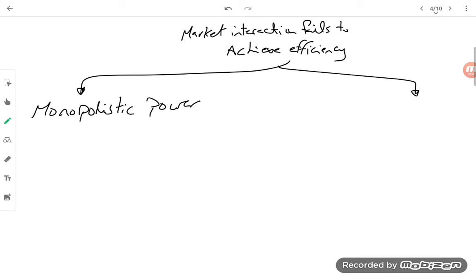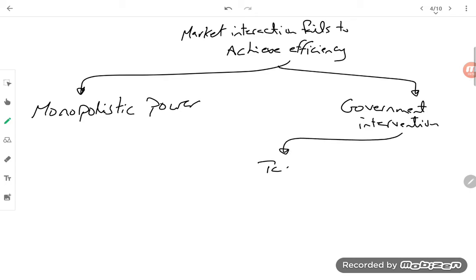And in case number two, government intervention. If there is government intervention in the market, either through taxes or subsidies, it will cause market inefficiency.